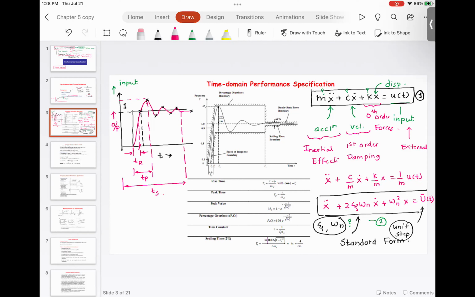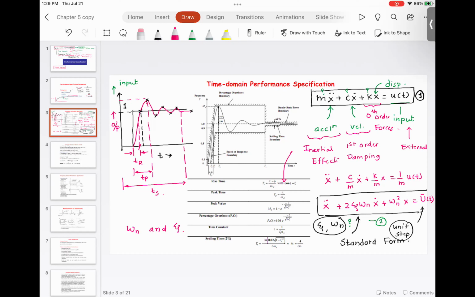What we have to do is take these specifications, use these equations, and find appropriate values of omega n and zeta. So in time domain specifications, we supply the system with a step input, understand the behavior of the system, and then tune it in such a way that it meets the desired specifications.